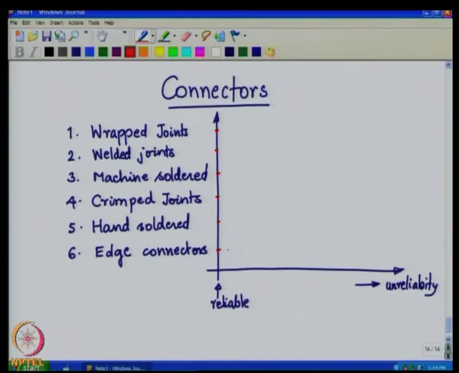The wrapped joint is the one which is supposed to be most reliable, and if you say that is the reference, and let us say you give a value 1, very reliable, then the edge connectors are the ones which are least reliable from the reliability point of view, and this we give a value 30.